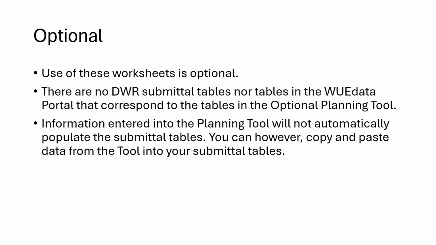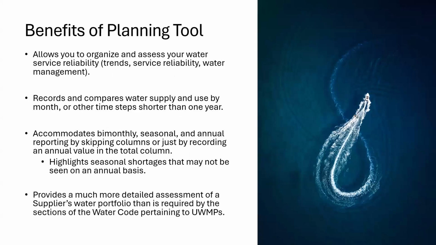And before we get into how to use the tool, we're going to go over how it might be beneficial for you to use this tool. So as I mentioned, this tool will be helpful to complete your water service reliability and drought risk assessments. It will allow you to organize and assess your water service reliability. So you can look at trends in your water use and supply, your service reliability, and just help you out in managing your water in general and look at it in a more detailed sense.